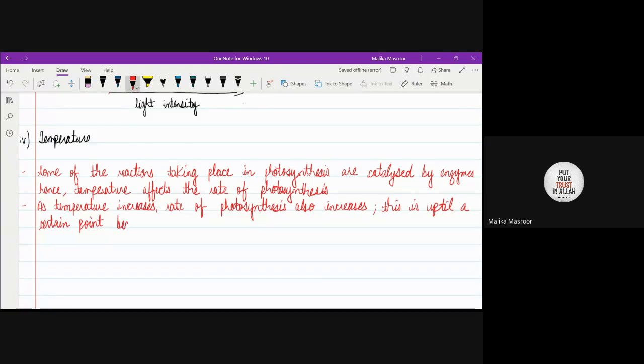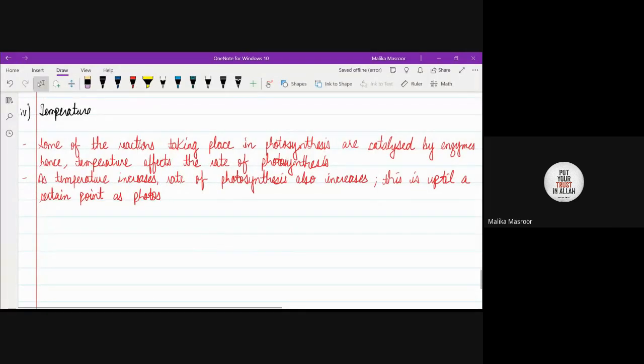Because photosynthesis involves enzymes which can get denatured at a high temperature. And we have seen this yesterday.